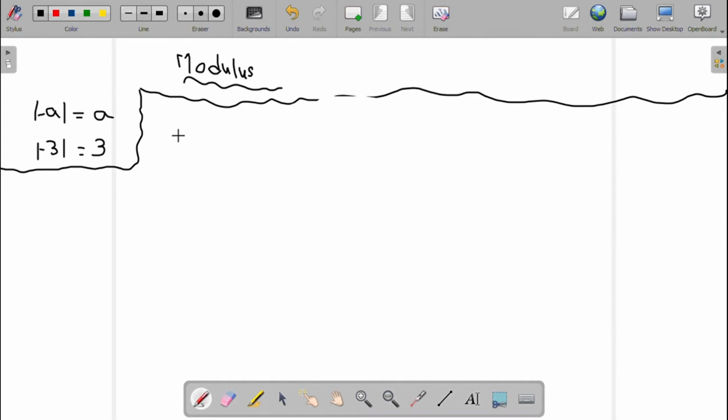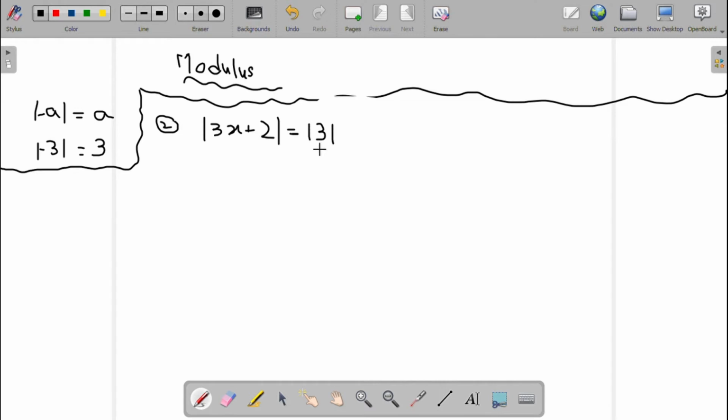Rule number 2 is that in rule number 1 we had the modulus on one side only. Now what if we have mod on both sides? Let's take an example: mod of 3x plus 2 equals mod of 3.